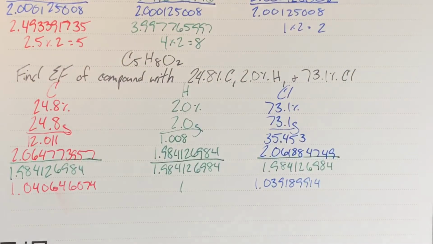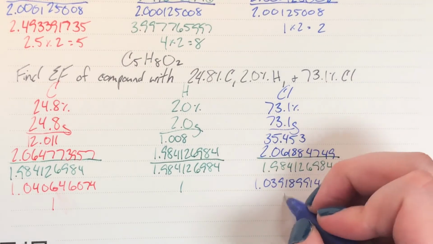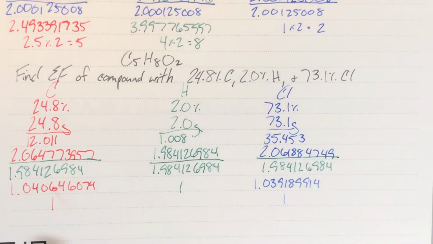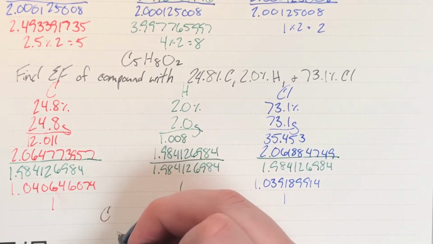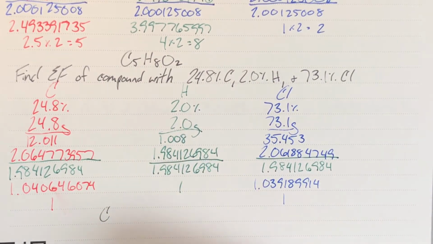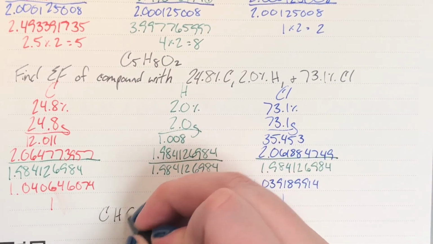Okay. So that is going to be close enough to 1 for me. And so is chlorine's, which means that my empirical formula for this compound is going to be C1H1Cl.